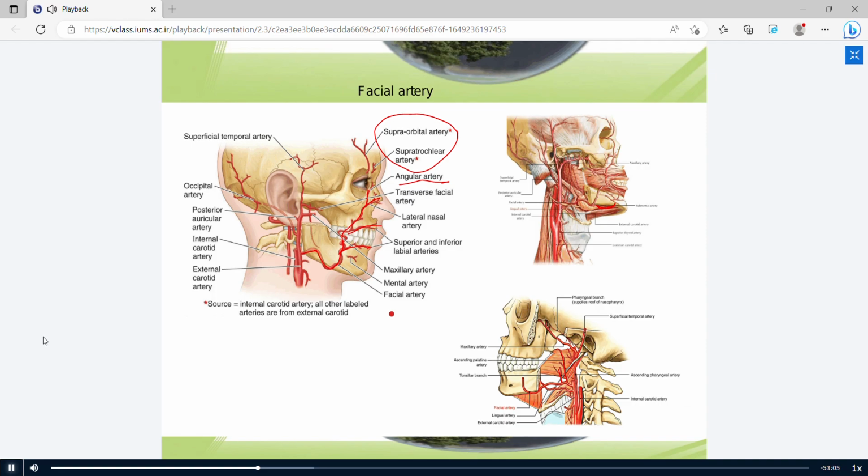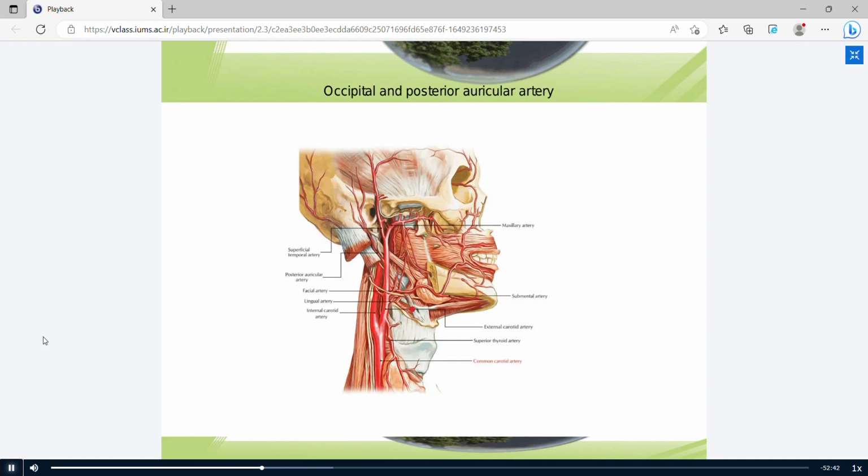I repeat the branches. The facial branch consists of inferior labial, superior labial, nasal, and angular, but the cervical branch consists of tonsillar, ascending palatine, and submental branches. This is the facial artery.